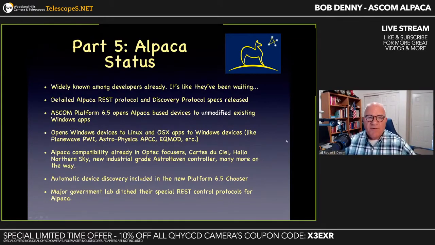ASCOM Platform 6.5 is in the process of being released. It's days away, if not maybe a week. And it has Alpaca and the gateway that I showed you, the magic yellow triangle with the two-sided arrow, built in now. Simon mentioned the Optec focusers, and I mentioned planetarium programs.